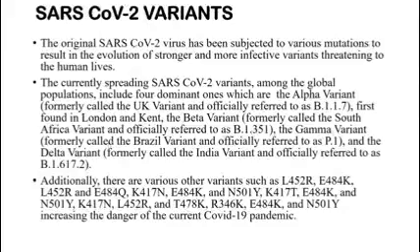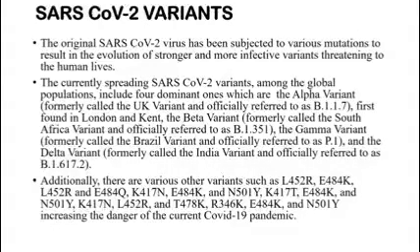The gamma variant, formerly called the Brazil variant, is officially referred to as P.1. And the Delta variant, formerly called the Indian variant, is officially referred to as B.1.617.2. So we have this real nasty situation because of the Delta variant these days.